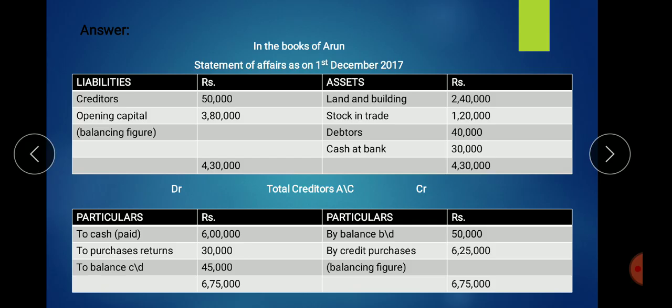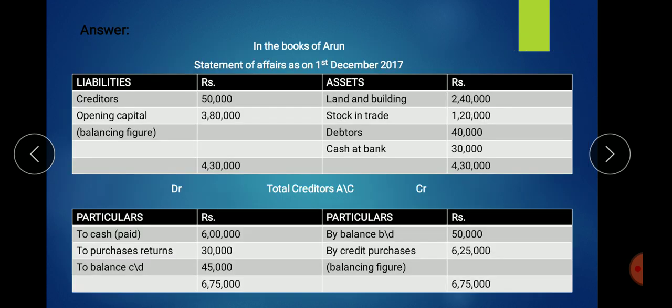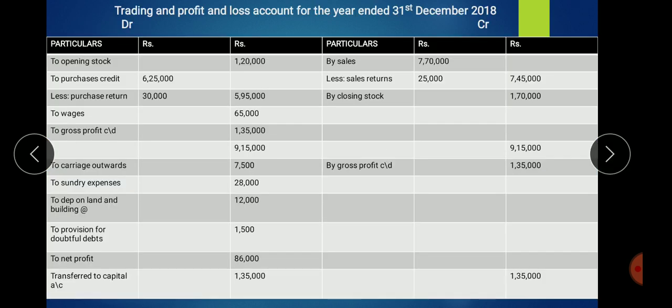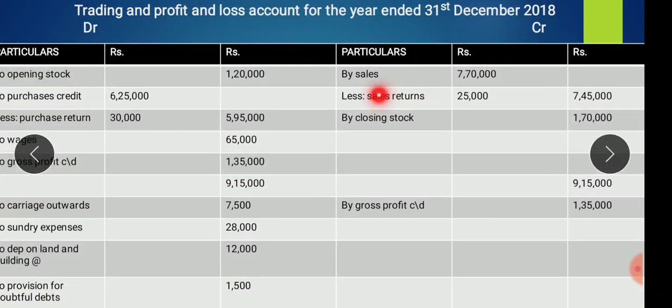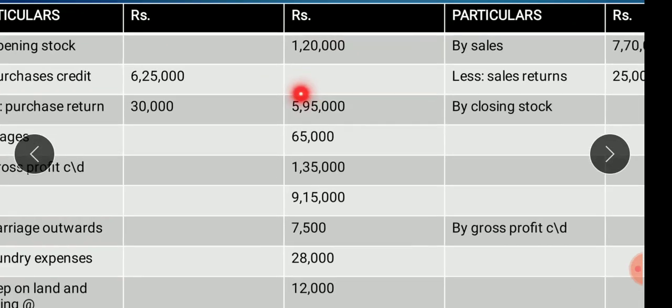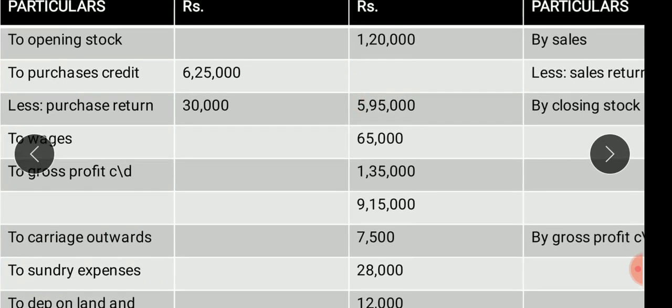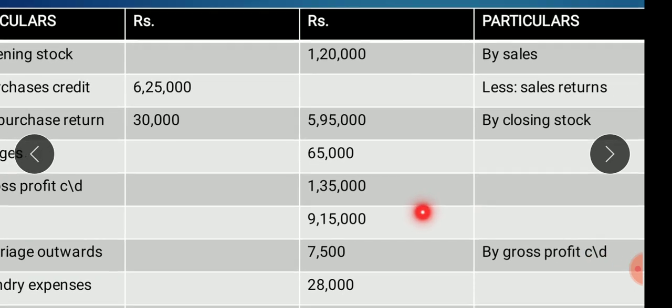Then next, trading and profit and loss account for the year ended 31st December 2018. Trading account means buying and selling; all the direct expenses will appear in the trading account for both sides. To opening stock 1,20,000.